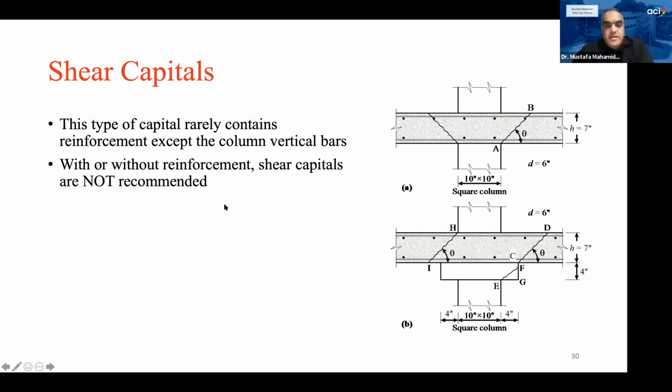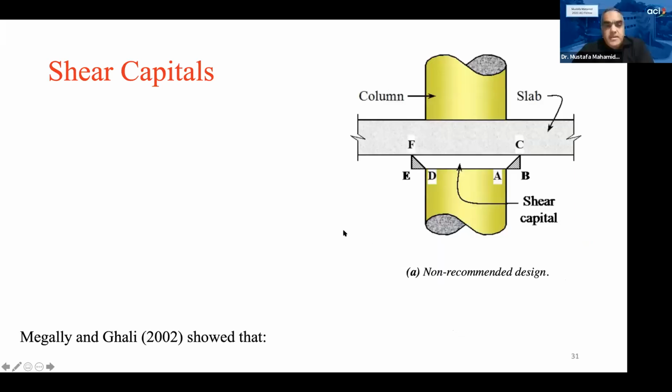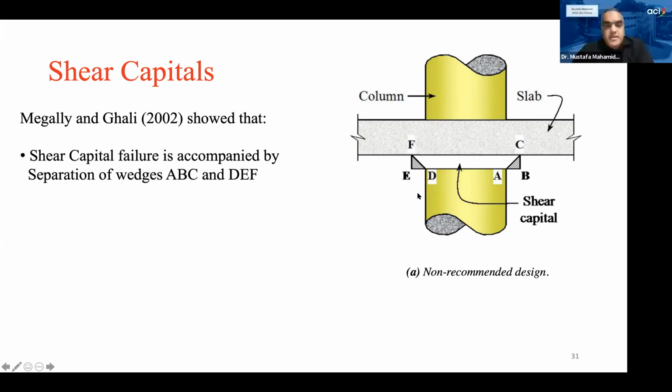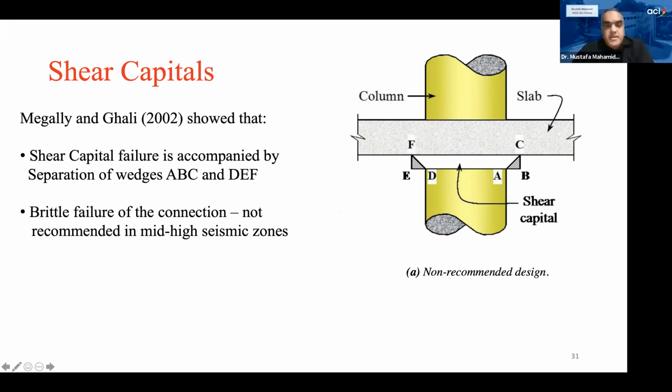So with or without shear reinforcement, shear capitals are not recommended. These days engineers don't use them much, but you will see them in many of the old buildings. Also, Migali and Gali in 2002 showed that shear capital failure is accompanied by separation of the wedges, that's A, B, C, and D, E, F. Those will fail during tests, in a brittle failure.